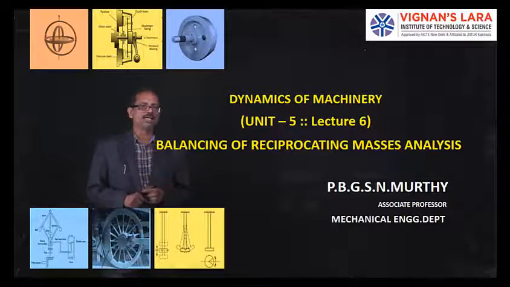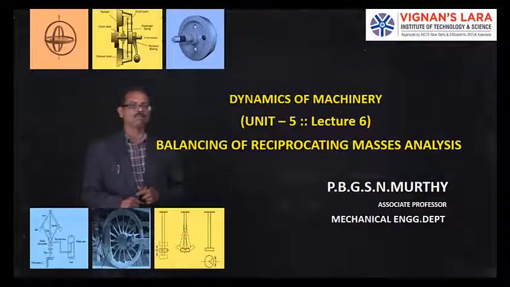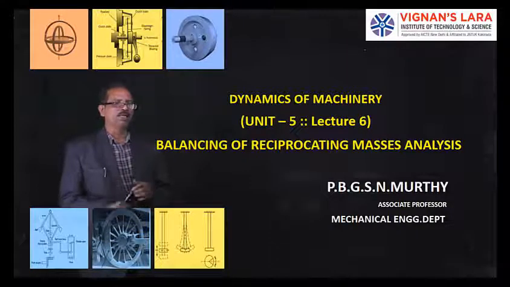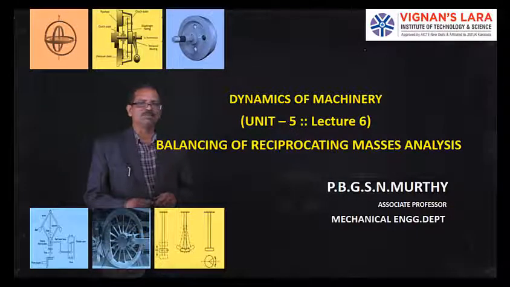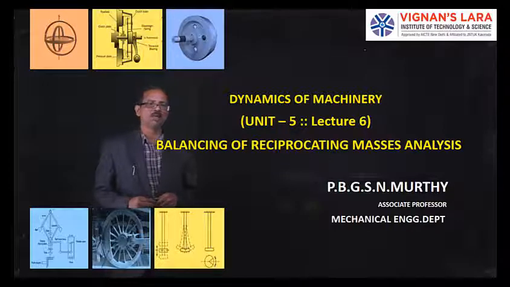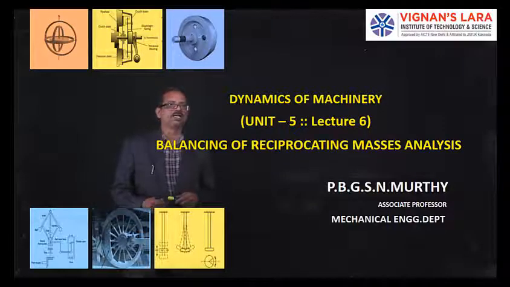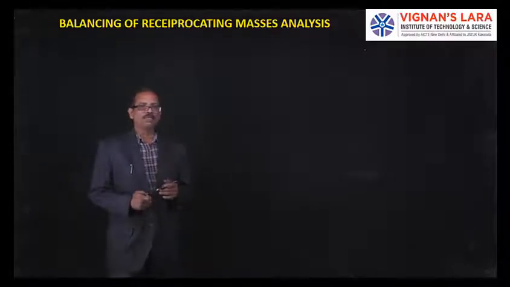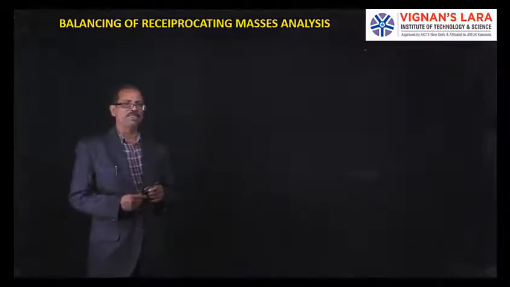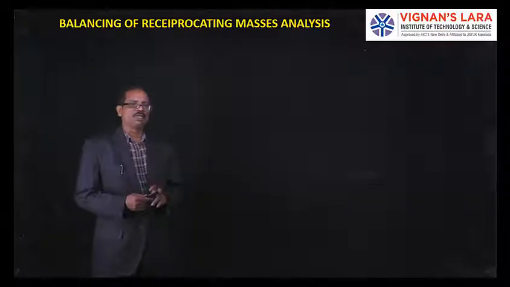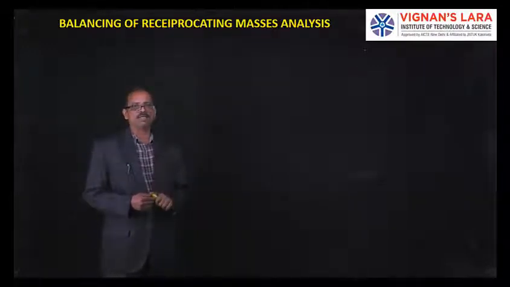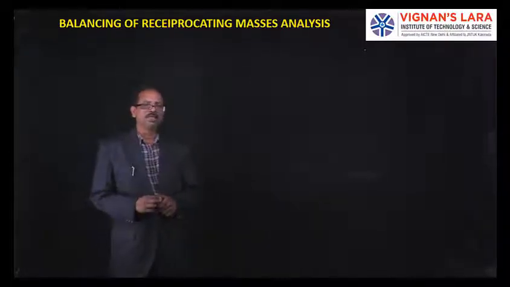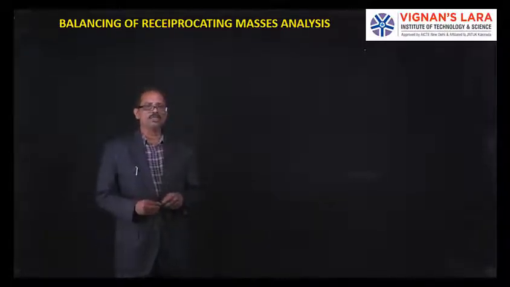Let us first discuss what is balancing of reciprocating masses, and how we can analyze this using the basic concepts we have already learned. When I discussed the balancing concept at the very beginning, I said we can consider balancing of reciprocating parts as well as rotating parts in an IC engine.